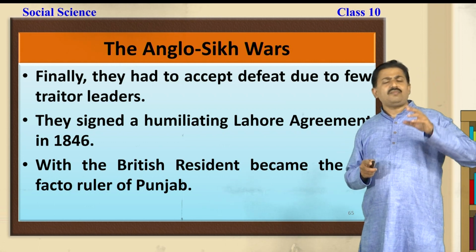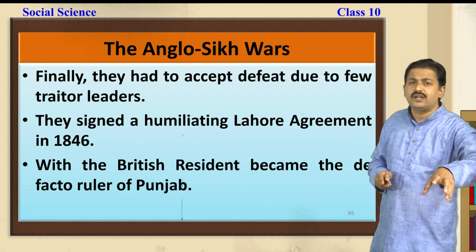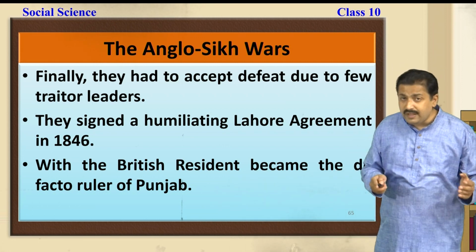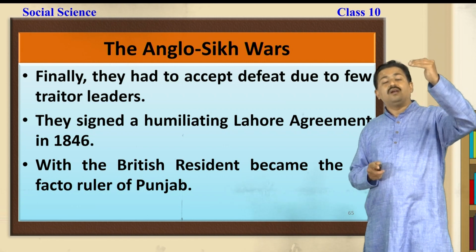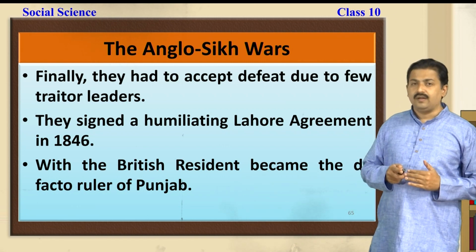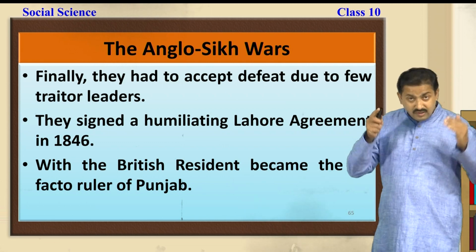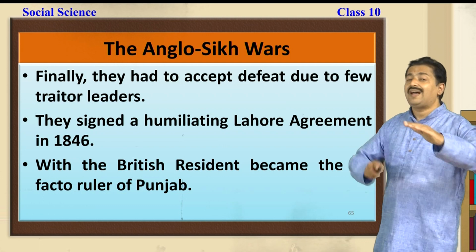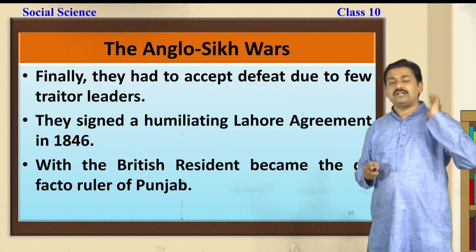This led to the direct influence of the British over Punjab, and they even had to lose many places, particularly Kashmir. In addition, this agreement allowed the British to appoint a resident as a de facto ruler of Punjab.